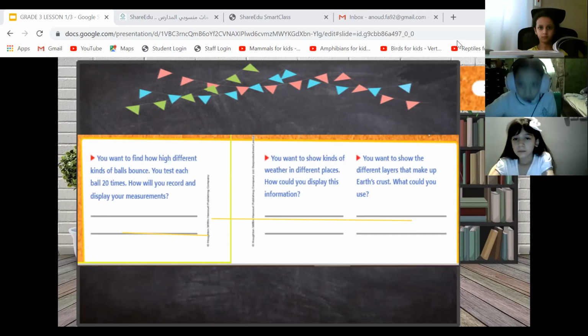What are you going to do? You have a basketball, okay? You want to see how high this ball can bounce in 20 times. How can you record your data or your observations?